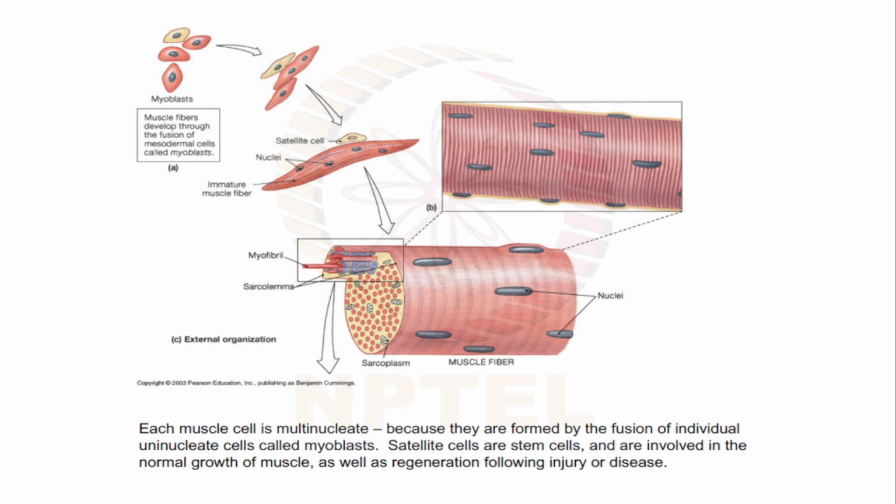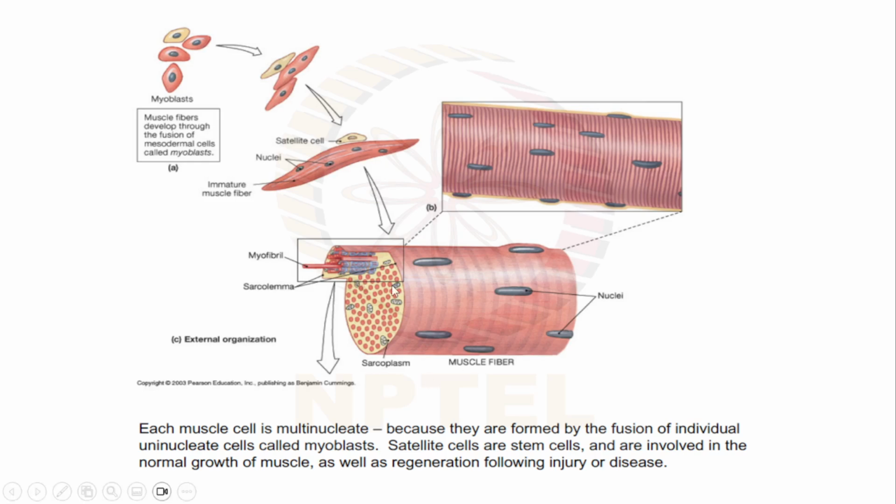So these satellite cells will differentiate according to the requirement. As only muscle cells are involved, it will differentiate into a new muscle cell to take the place of the damaged muscle cell. So satellite cells are the stem cells inside this whole arrangement.